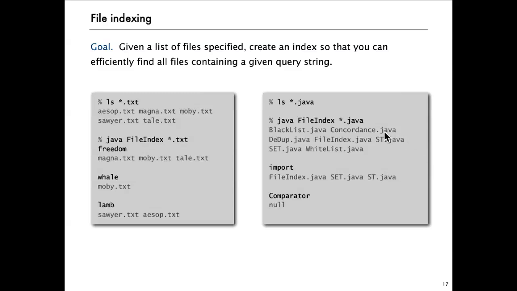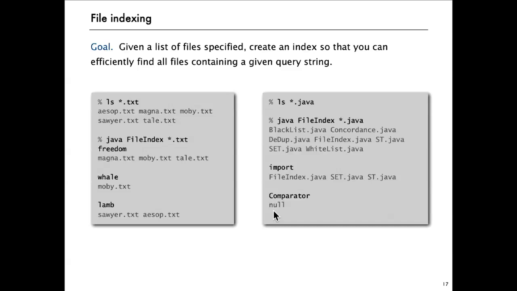Normally we have a bunch of .java files when we're working on an application, like these are all the ones associated with this lecture. So we might build an index from that set of files, and then we might wonder, where do we use the import statement? We just search for import, and it'll tell us, look in those 3 files. Or did we use comparators anywhere here? And this index will tell us no.